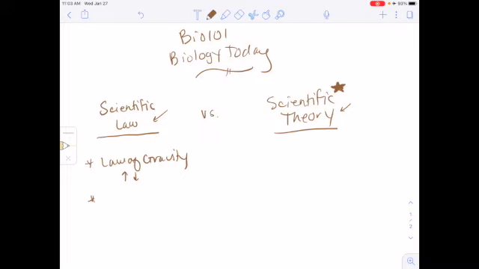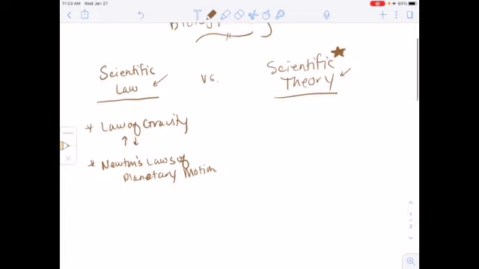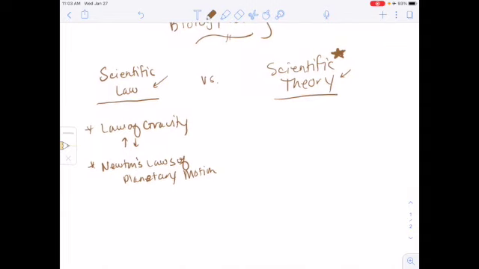Sometimes someone will come up with Newton's laws of planetary motion, which describe the arc of the planets and the like.